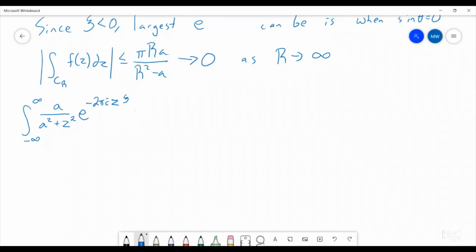This is going to be equal to the limit as r goes to infinity of the integral from negative r to r of the same stuff.